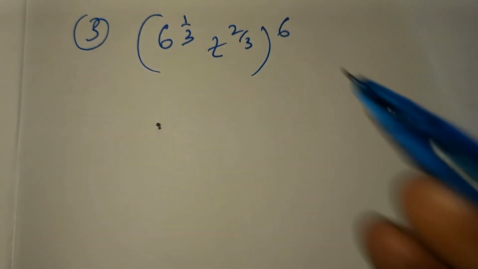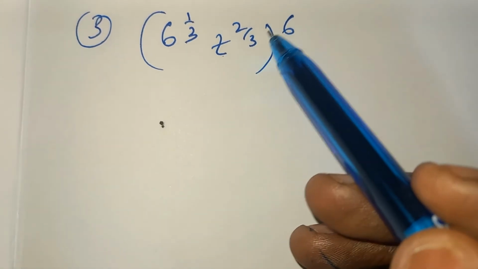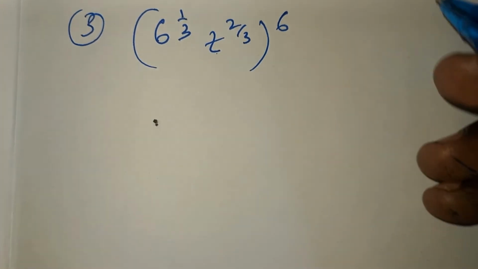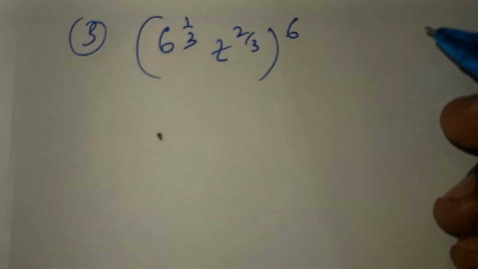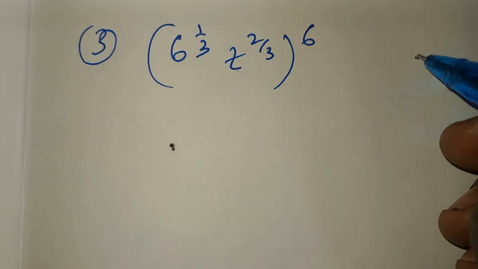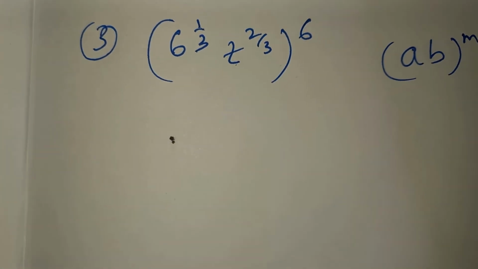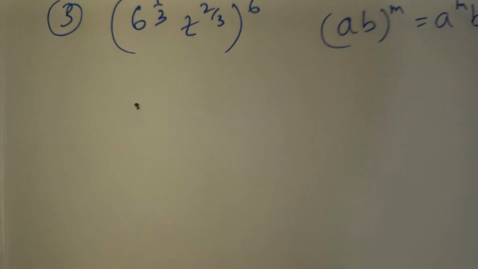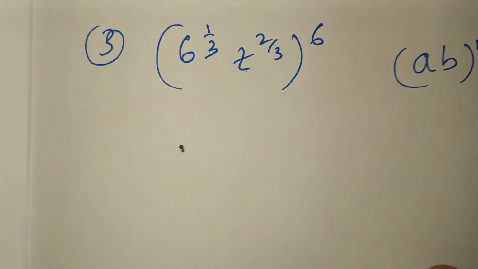In number 3, we have 6 raised to the power 1/3 times z raised to the power 2/3. Everything is raised to the power 6. Now, looking at this, you will realize that we may have to make use of these relations here, since two different terms are raised to the same power.